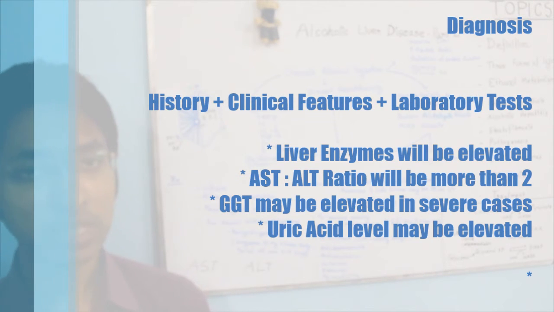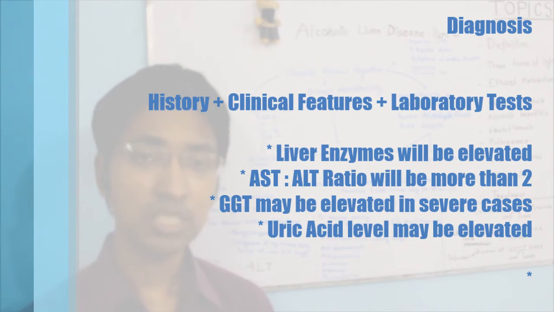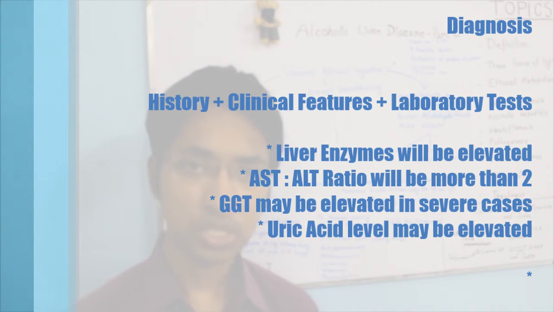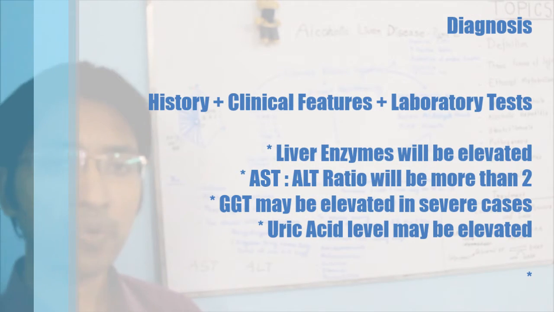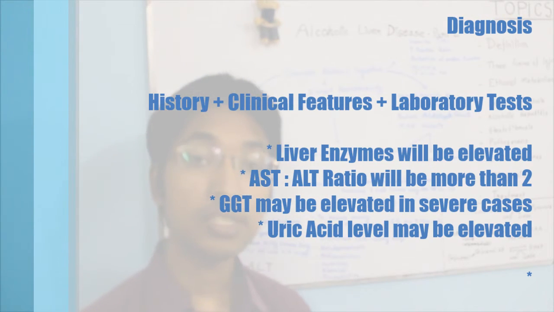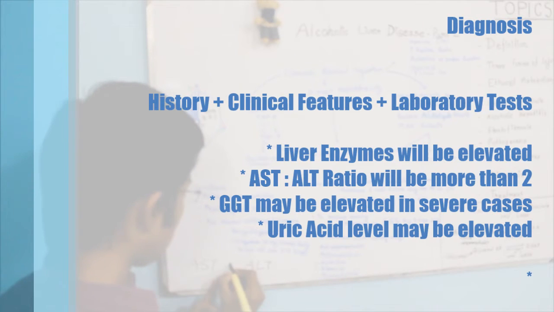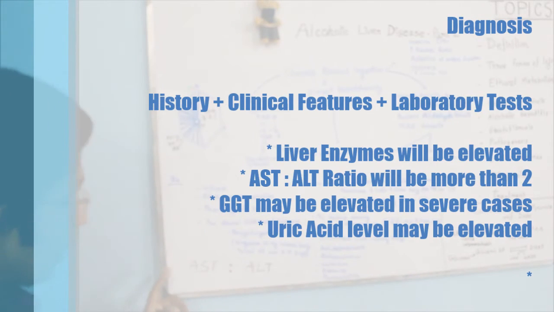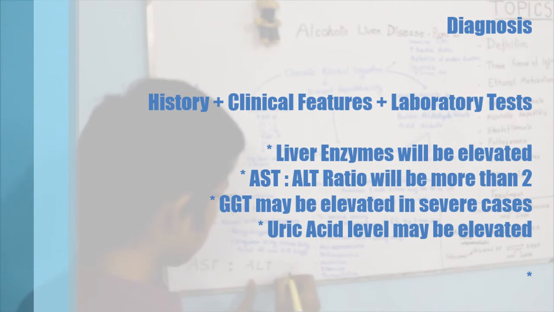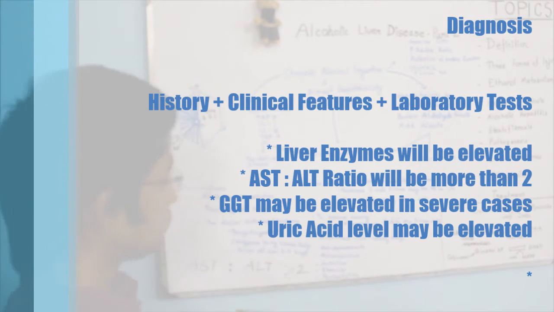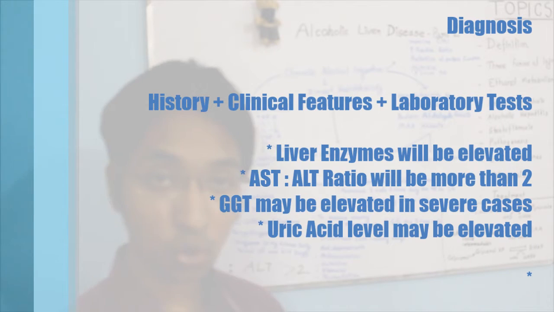However, they are usually less than 300 international units per milliliter. And also very important for your exam is the ratio between these two liver enzymes. The ratio of AST to ALT will be greater than 2 in case of alcoholic liver disease.